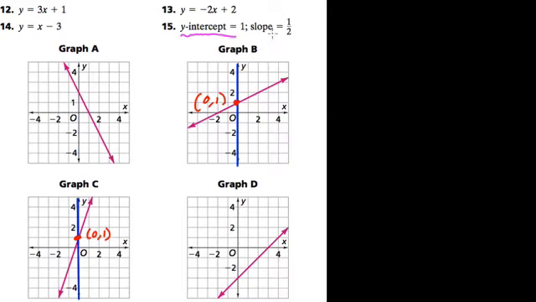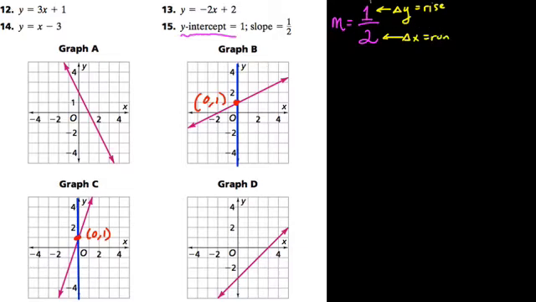Well, if the slope is 1/2, remember slope is just a rate or a ratio. It's saying that the change in the line is 1 over 2. That means 1 refers to the change in y, or delta y, or the rise, and 2 refers to delta x, or the run.